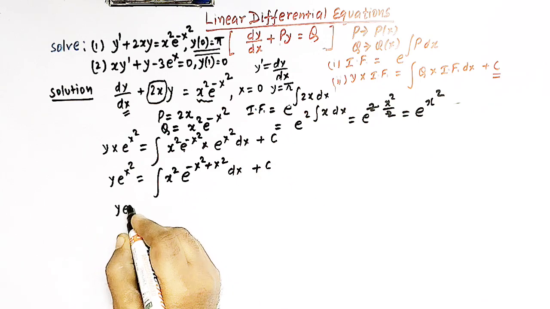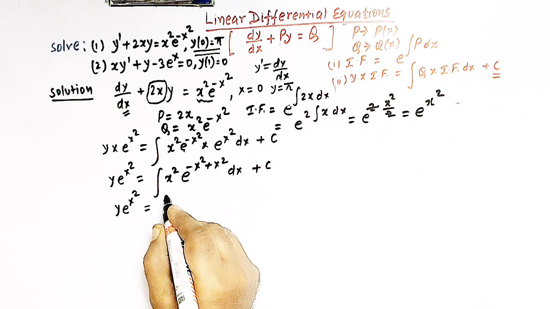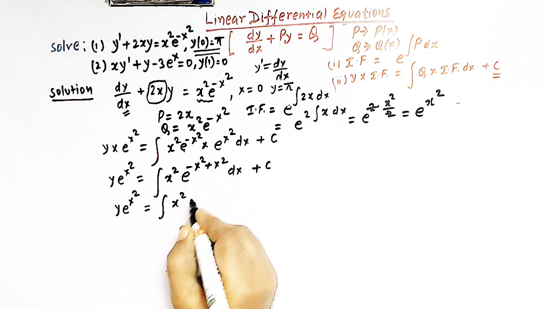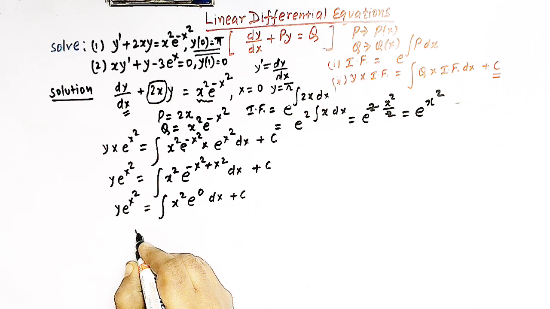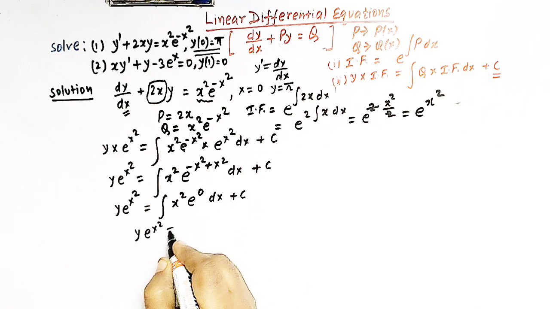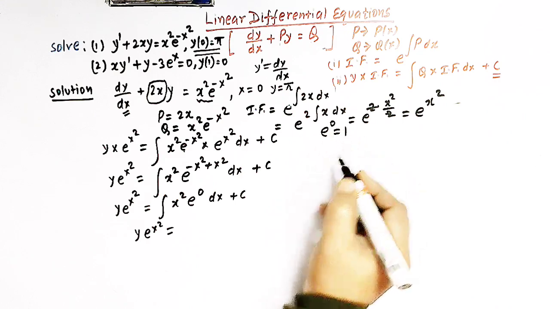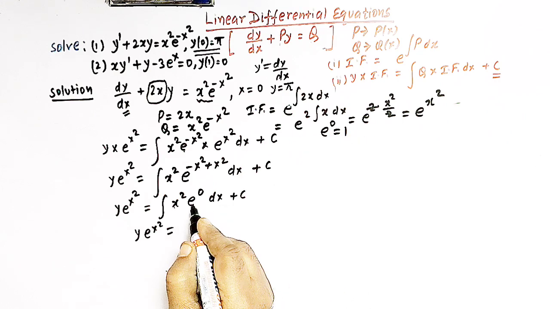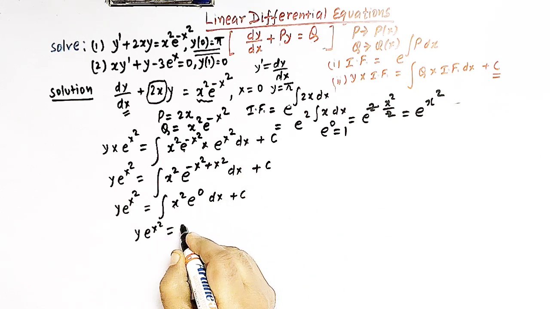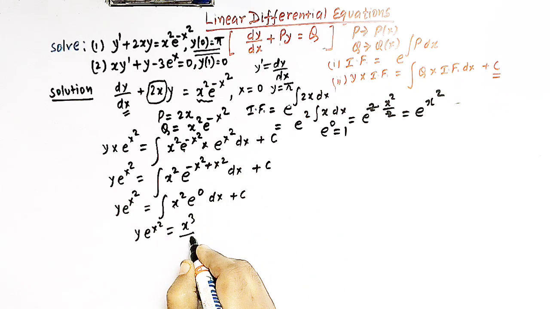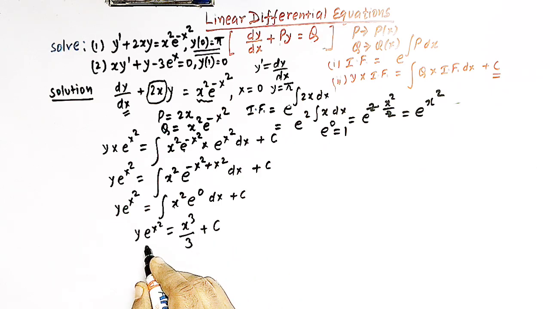So this is y e raised to x square equals the integral of x square e raised to 0 dx plus c, and e raised to 0 is 1, so we have x square times 1, which is x square, and the integral of x square is x cube over 3, plus c, the constant of integration, right?